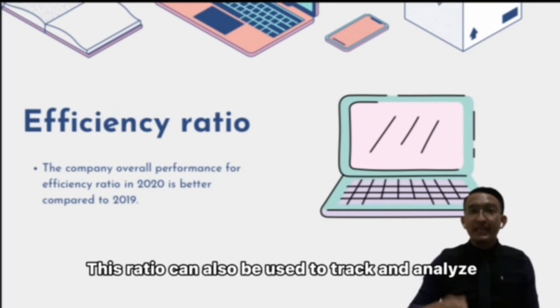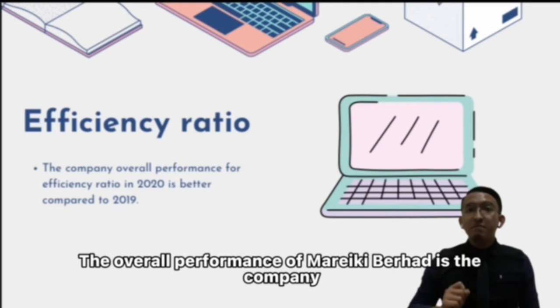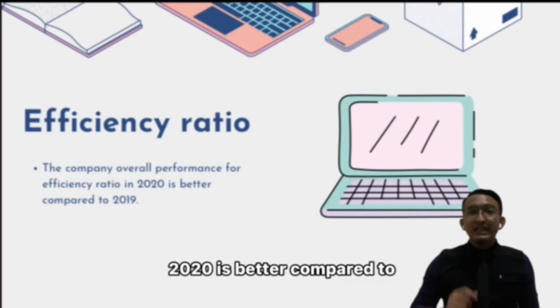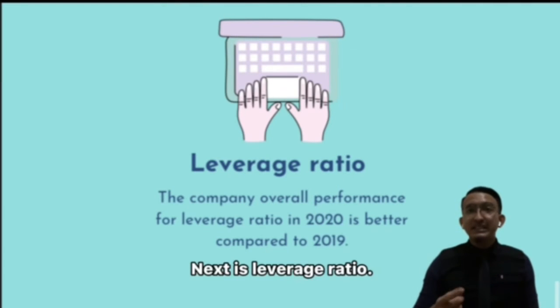This ratio can also be used to track and analyze the performance of commercial and investment banks. The overall performance of Meraki Berhad is the company overall performance for efficiency ratio in 2020 is better compared to 2019.